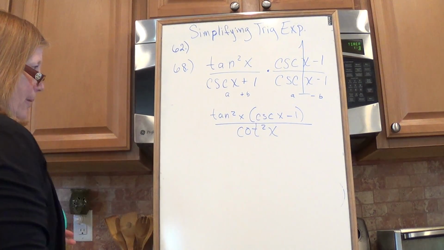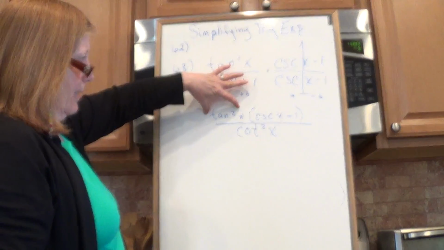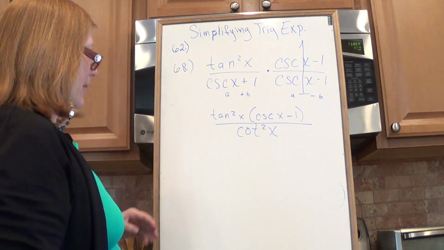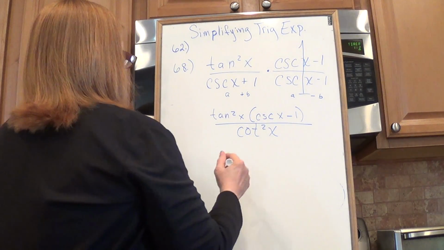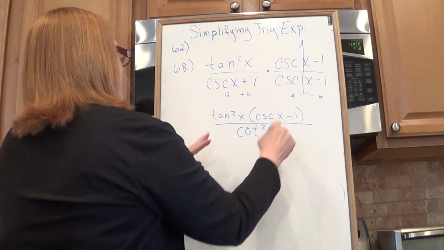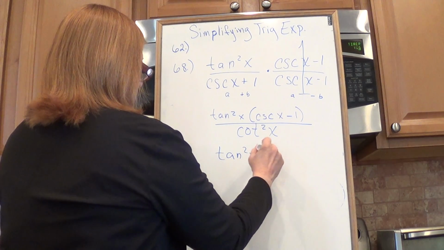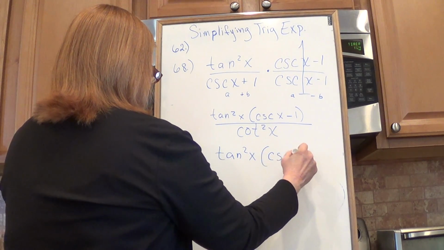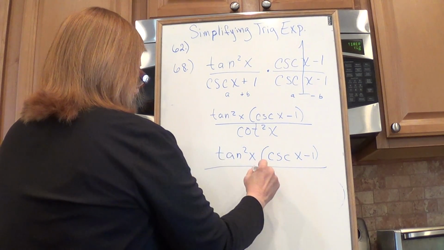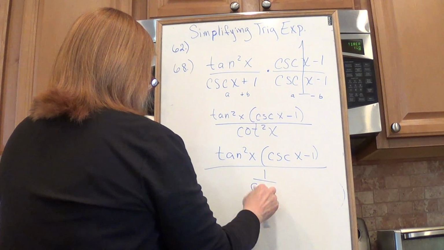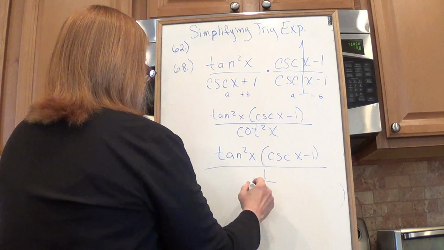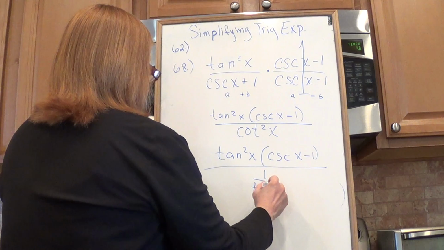Now what can I do? Well, I see a tangent and a cotangent, so how does that affect one another? Well, let's write this in terms of tangent. Tangent and cotangent are reciprocal functions.